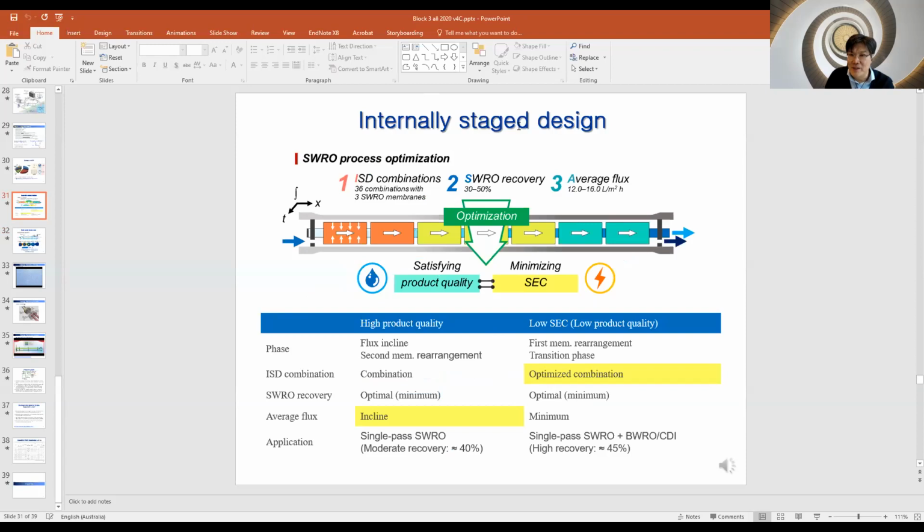Also, internally staged design. If you look at the WAVE software, there is an option. You can select your internally staged design to change your elements in your pressure vessel. Also, this one will make a very big difference.